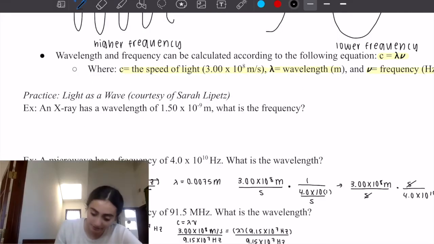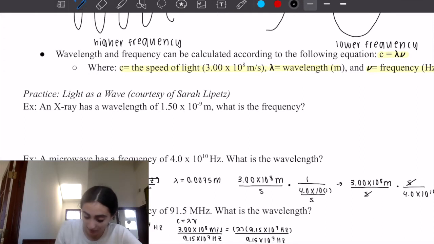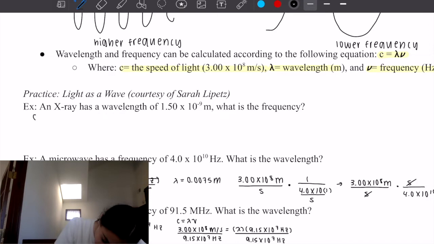Okay, so we are going to do the first problem. We have an X-ray with a wavelength of 1.50 times 10 to the negative 9th meters, and we are being asked to find the frequency. So I'm going to write out the equation, C equals lambda nu, and plug in what we know.